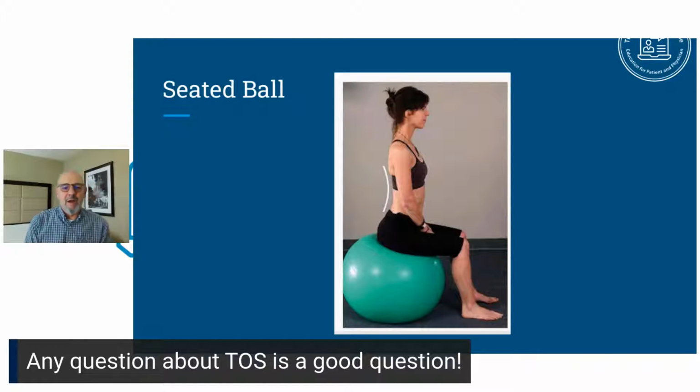Here's a picture of a person on a ball. Again, looking at the positioning of the neck and the shoulder, there's a really natural space for that brachial plexus to travel through, and not having these muscles overly active opens up the diaphragm, and then diaphragmatic breathing becomes easier.